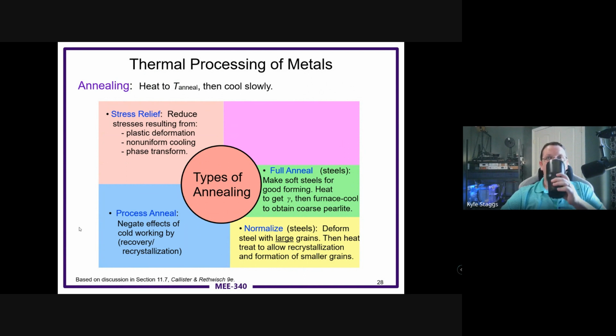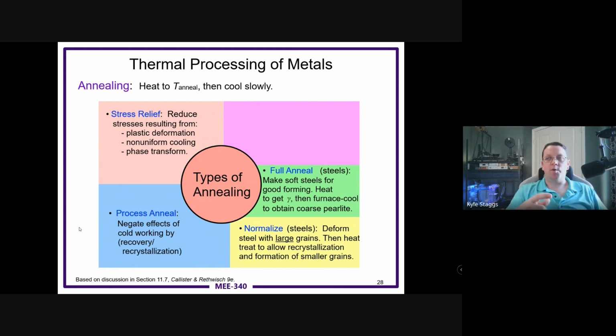So full annealing is something that's used to soften the steel. You heat it up into the range where you get those gamma crystals, and then you furnace cool it to obtain coarse pearlite. So you're cooling it at a moderate rate there.